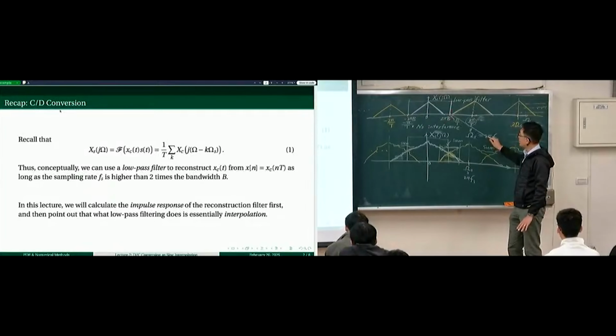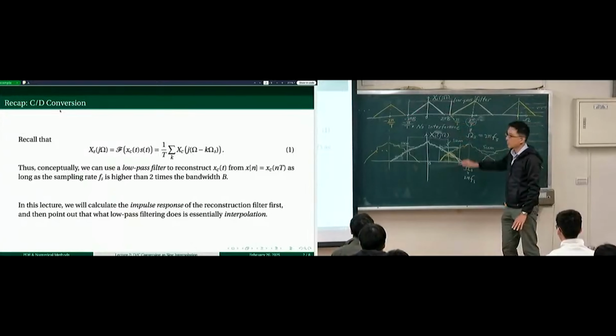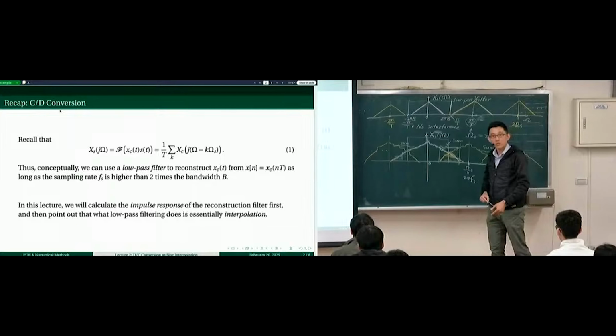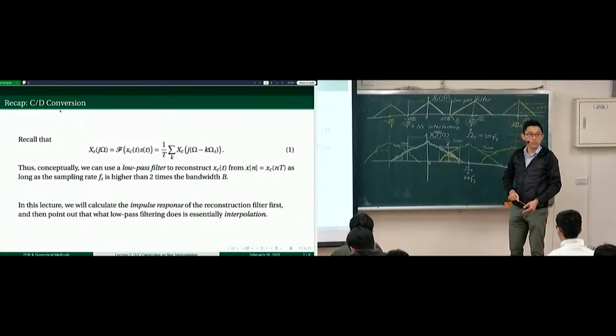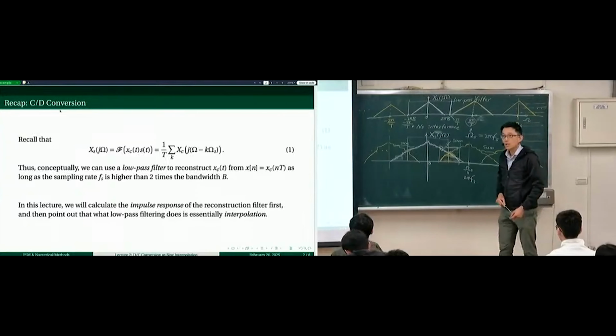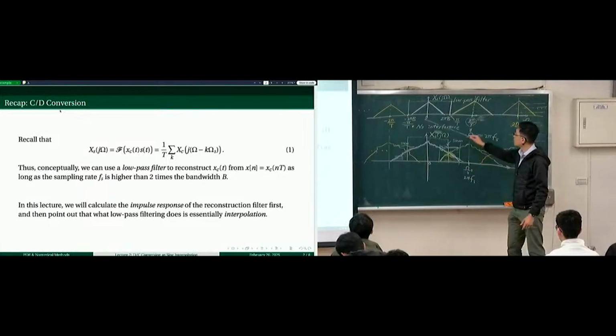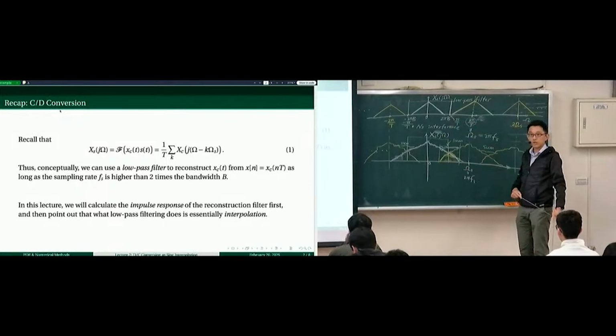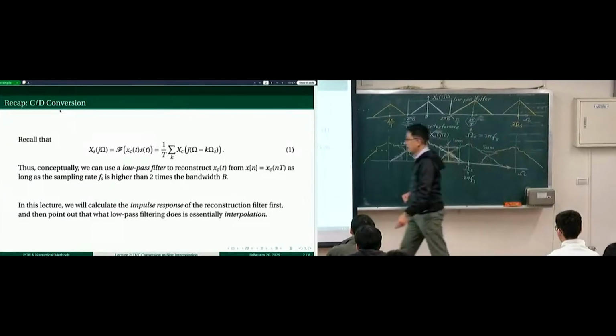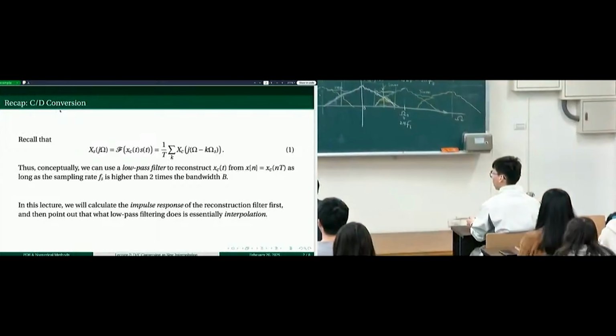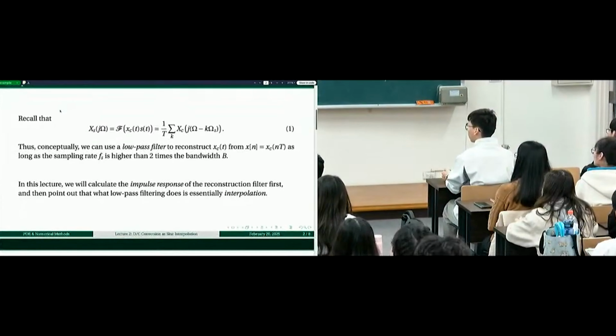But for an ideal filter with this frequency response, we can calculate the corresponding impulse response by applying the inverse Fourier transform, from frequency to time. And the result is a Sinc function. Next week when we come back, we'll work it out.